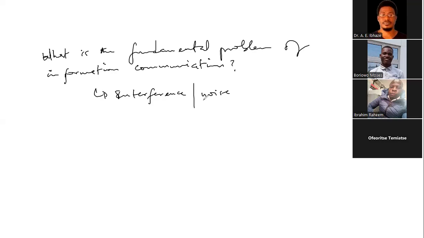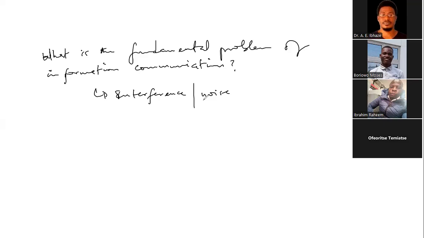Okay, so interference is the jamming of another signal, while noise could be, say, an addition of an external force. So interference occurs when, say, probably two signals are meeting together at the same frequency or close frequency band.